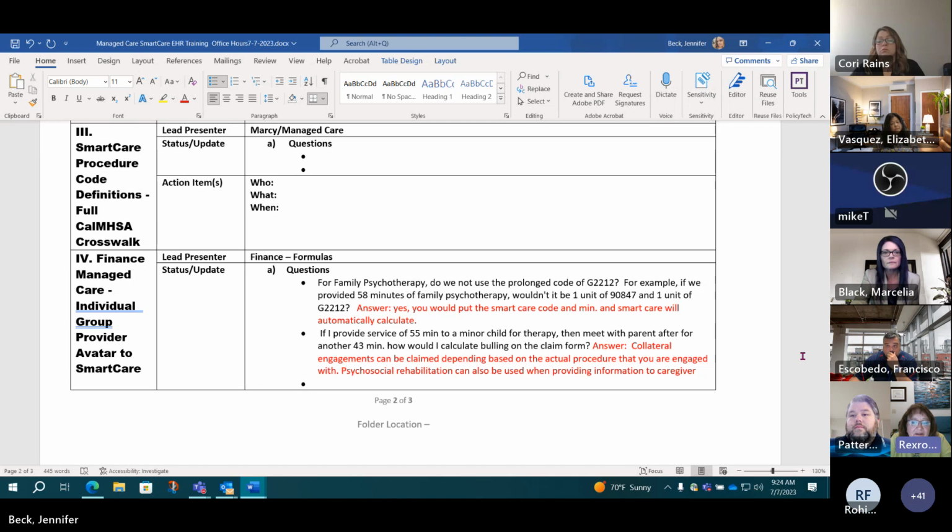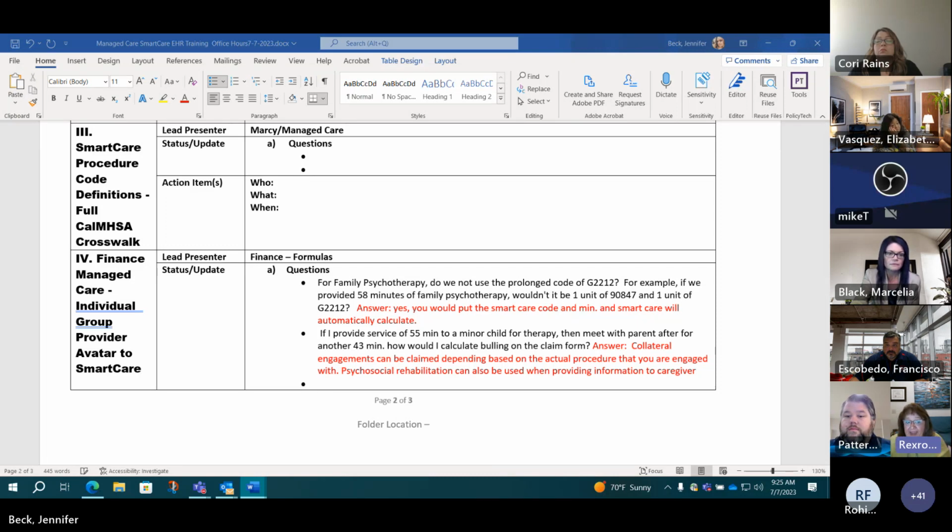Okay, Rohina, for 90847, this is an interesting one because the unit of claiming is 50 minutes. So in order to bill for the next add-on code, you must meet the full length of 15 minutes plus 51% of that primary code, or you're going to have to hit 26 minutes additional before we can add on anything else.